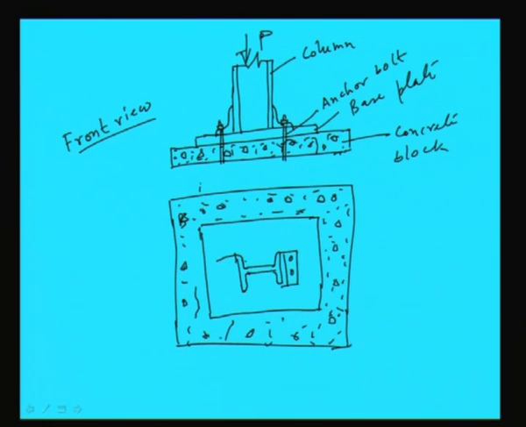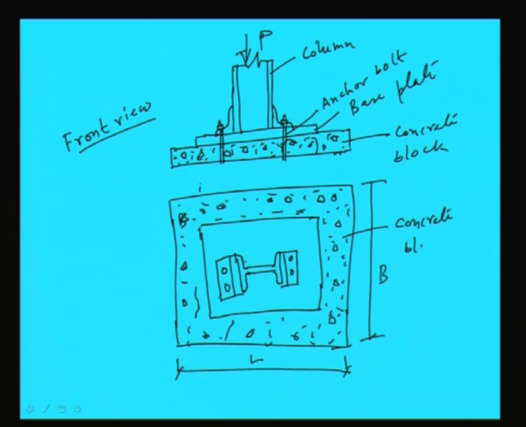Similarly on this side also it will be, right? Now this is the length of the concrete block and this is the width of the concrete block. This is the concrete block and this is the base plate.